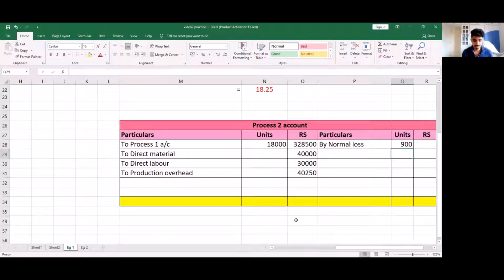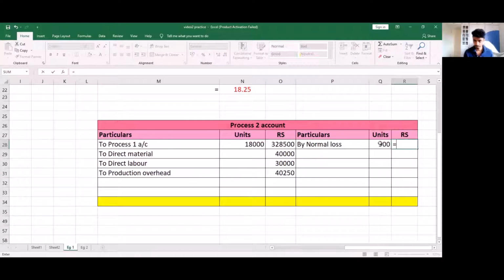And the rupees is going to be the scrap value mentioned in the question, which is 3 per unit. So we have 900 into 3. And in this, let's just mention scrap value is equal to 3.